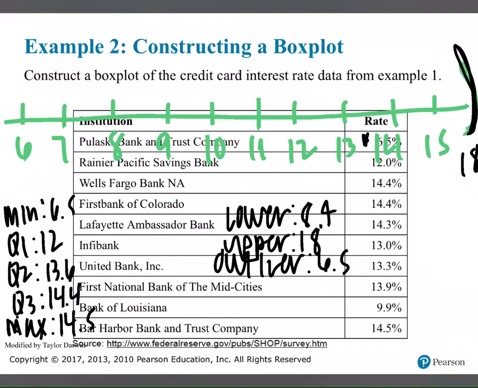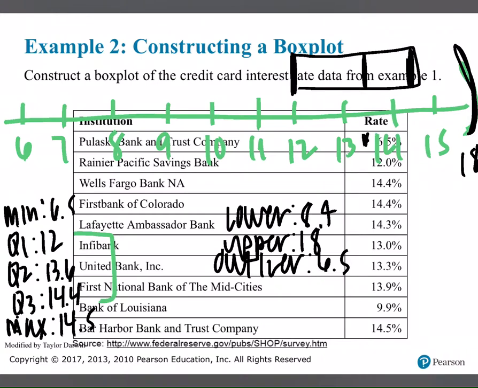And now I can do my box plot. So you make the box with your Q1, Q2, Q3. So I'm going to draw a little line wherever 12 is, here's 12, 13.6, and 14.4. And then I'm going to draw a little box with those, okay? And then this one's kind of hard, but you draw what's called the whisker from the end to wherever your min and max are.